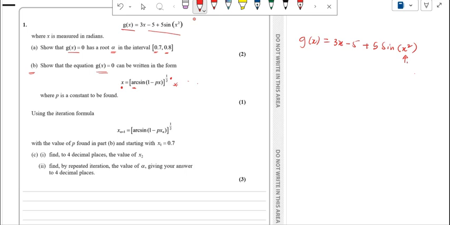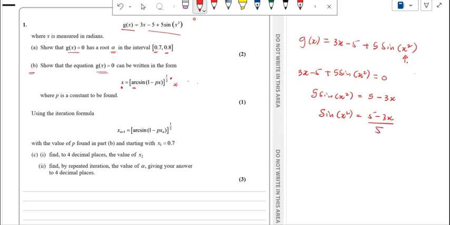So how do you make x squared the subject? You have 3x minus 5 plus 5 sine of x squared equal to 0. So you have 5 sine of x squared equal to 5 minus 3x. Then you divide by 5. So you have sine of x squared equal to (5 minus 3x) divided by 5.